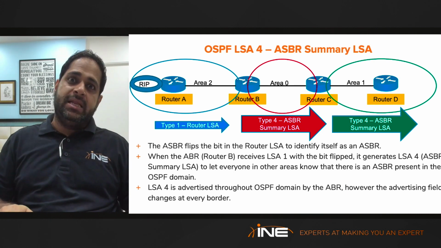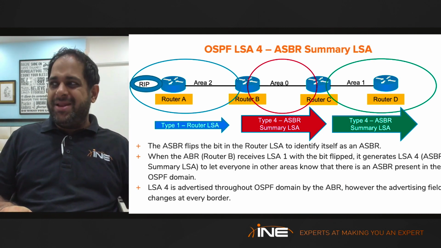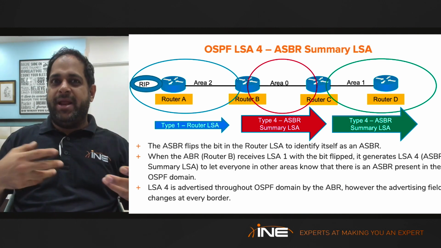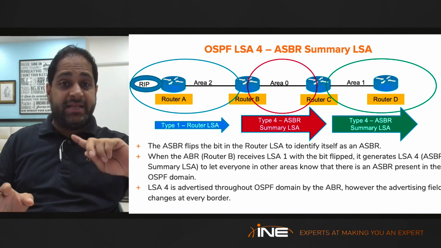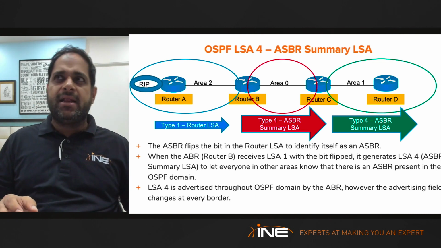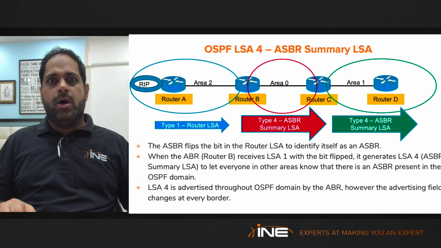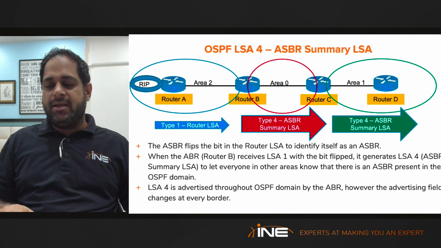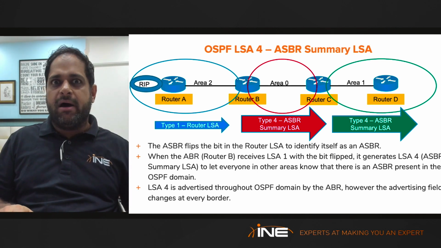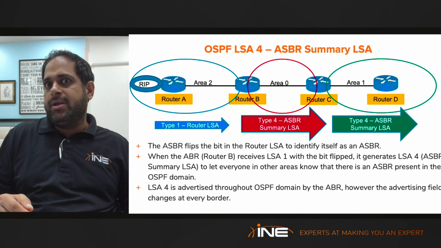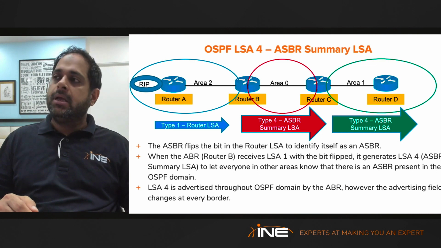And this happens in LSA 1. So the minute router B receives LSA 1 updates, normal OSPF updates, not external routes, he sees that in the LSA 1 a bit is flipped, which basically means that router A is an ASBR. That's how B knows that he is an ASBR, because his bit is flipped.